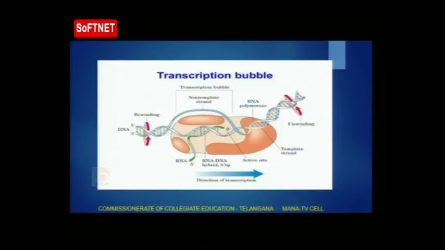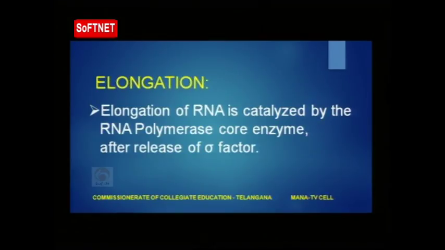The nascent RNA will extend from the RNA polymerase so that it is available for the ribosomes to start the process of translation. Why? Because in prokaryotes transcription and translation occur simultaneously. The elongation process starts after losing the sigma factor.